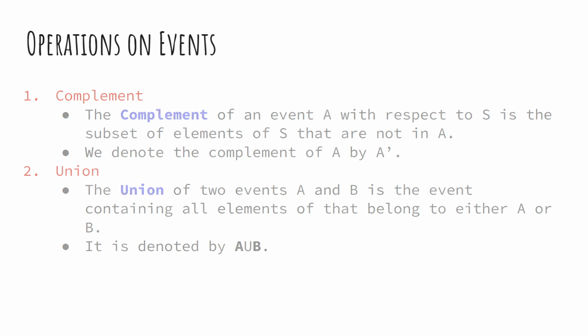Okay, let's go further. The next operation is number 3, by mistake it's printed as 1 here, just write it as 3. The third one is intersection.